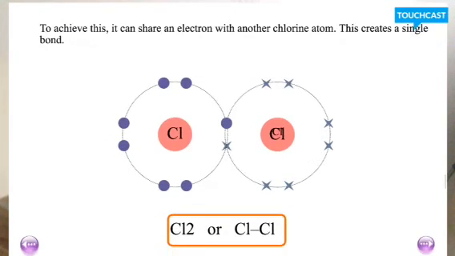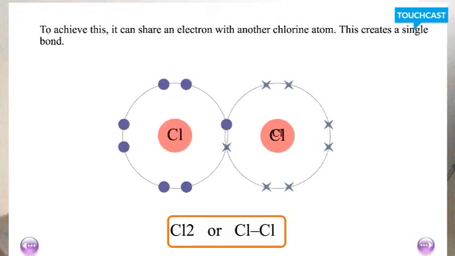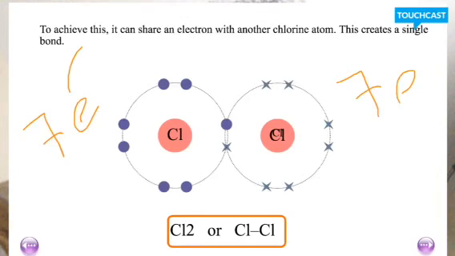Now let's have a look at chlorine. Chlorine is similar to hydrogen. It forms a single bond. Here, this chlorine has 7 electrons in its outer shell, and this chlorine has 7 electrons in its outer shell. Both of them need to have 8 electrons.